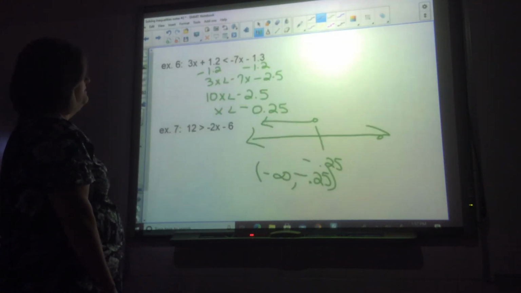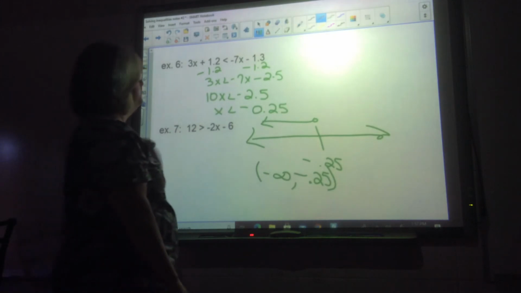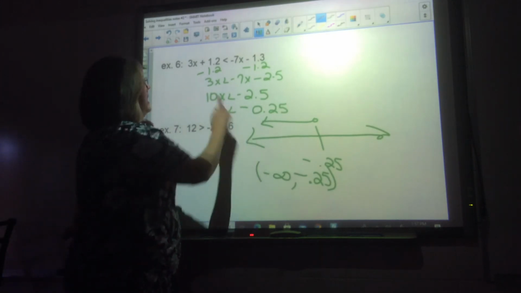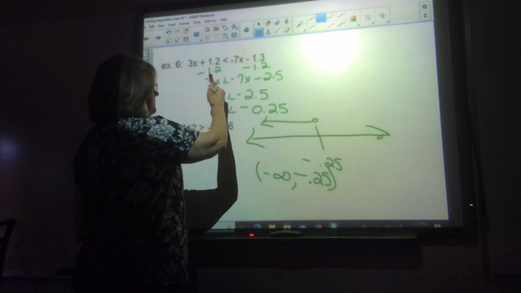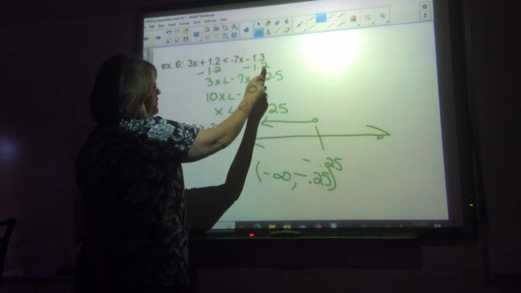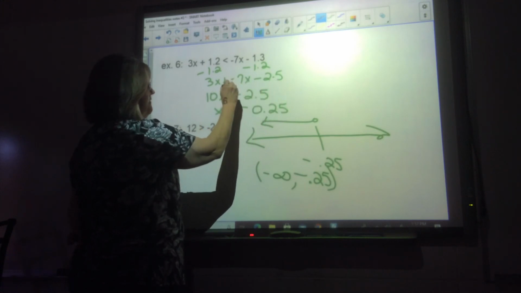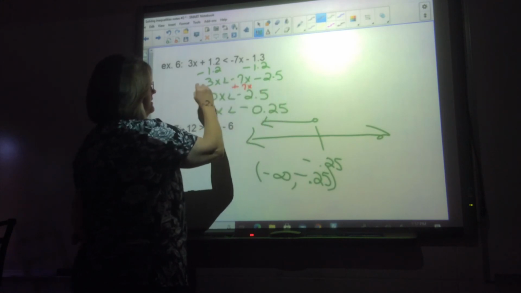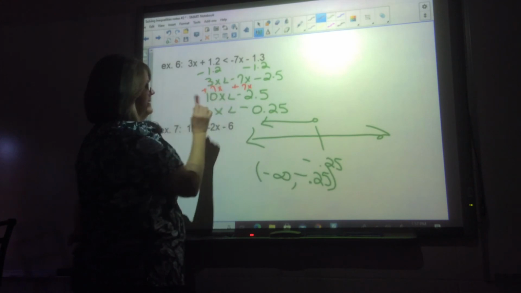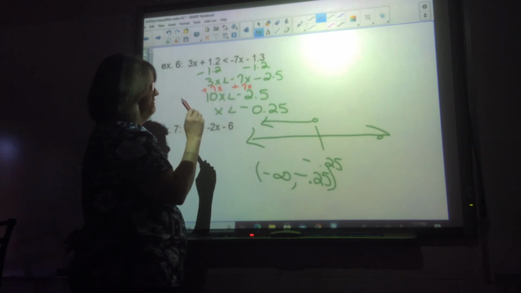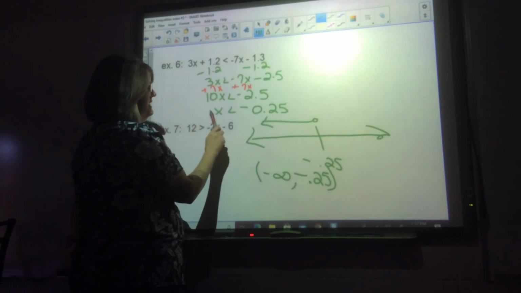Okay, I do believe that is it. We'll go over this one. It's just decimals. So I did minus 1.2 first. That gives me negative 7x minus 2.5. Now I'm going to pull 7x to the left. That's going to give me 10x is less than negative 2.5. Divide by 10.